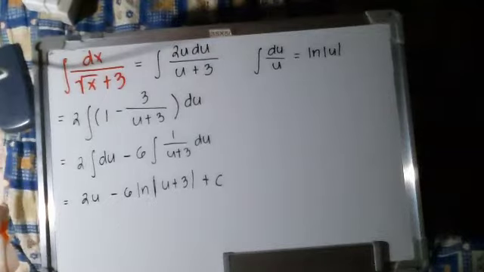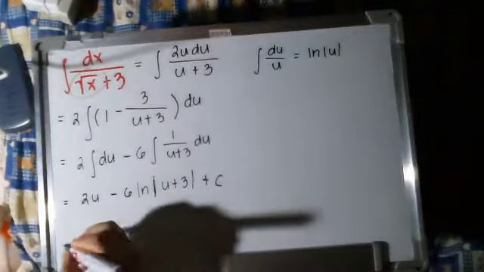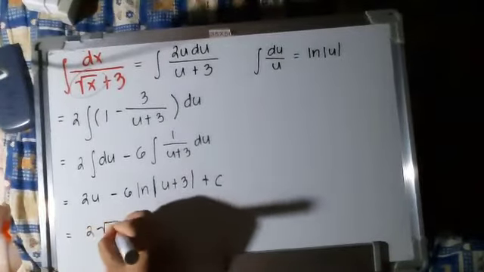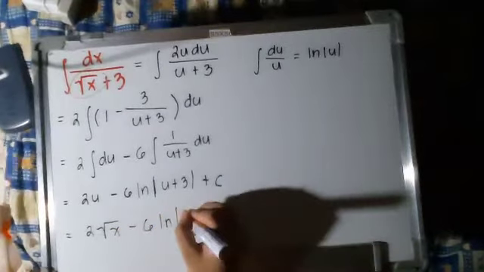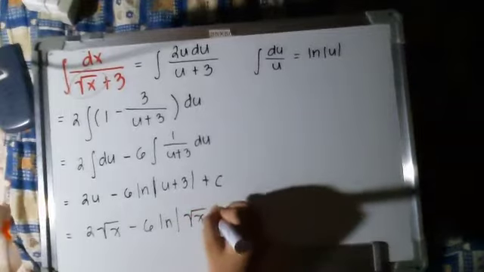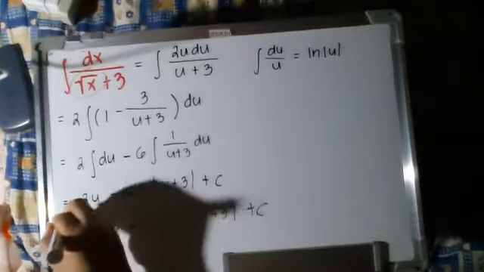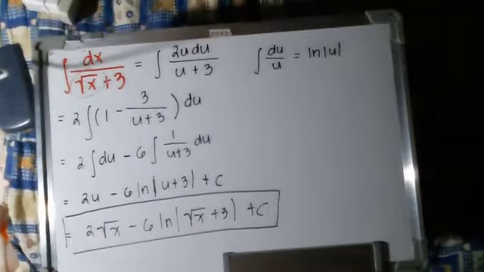So, kung babalikan ninyo, the value of u is square root of x. So, the final answer will be 2 square root of x minus 6 ln square root of x plus 3 plus c. So, this will be your final answer for example number 2.